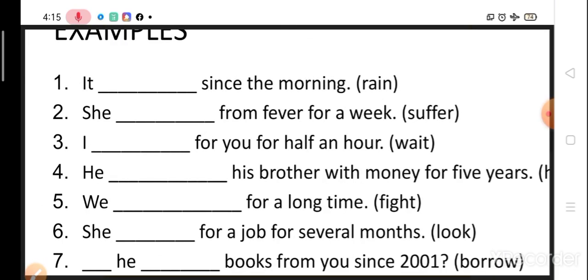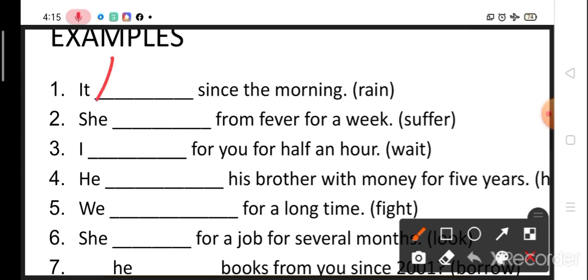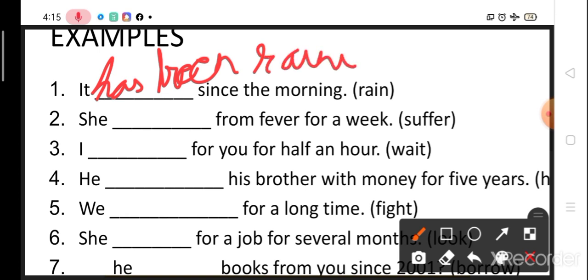Now, with it we will use has. It has been rain, ing form, raining. It has been raining since the morning.